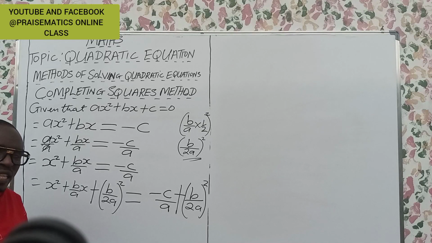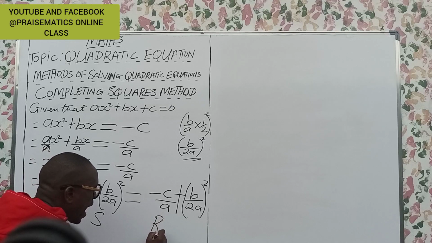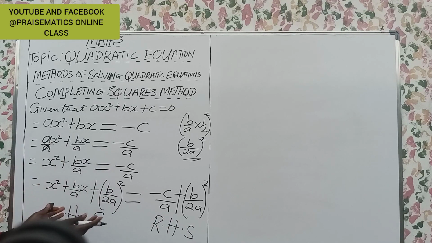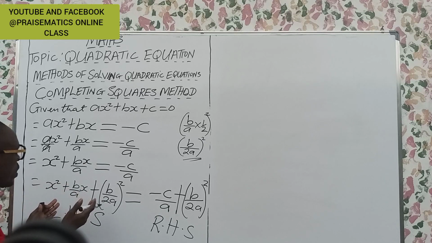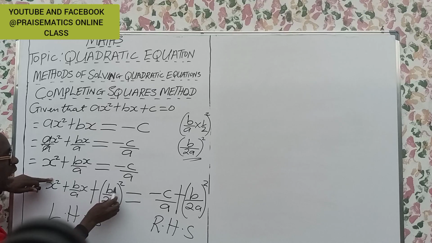Step 4. Step 4 says bring out, or factor out, the perfect square of the left hand side. This is the left hand side, here is the right hand side. So bring out the perfect square of the left hand side. And what is the perfect square? The perfect square is all the terms that contain squares.